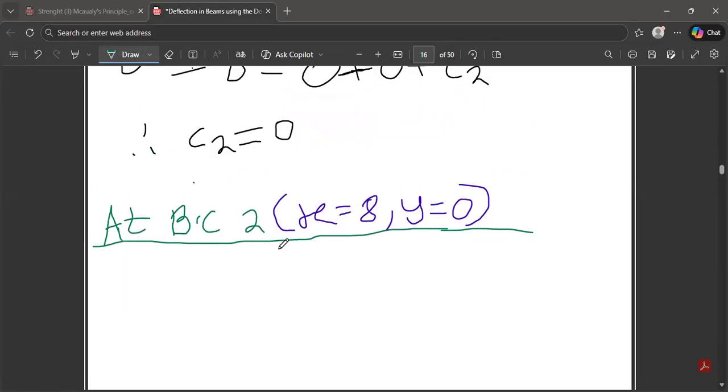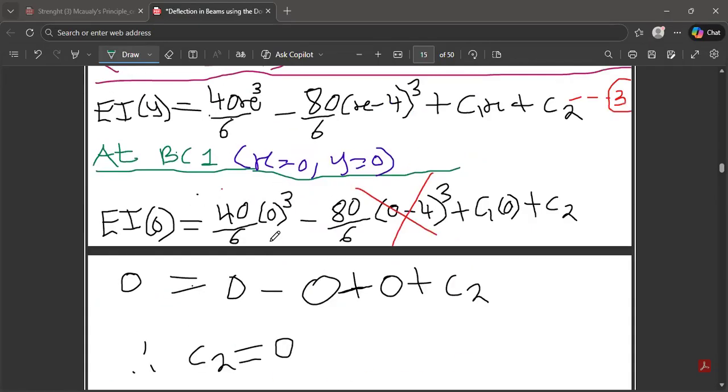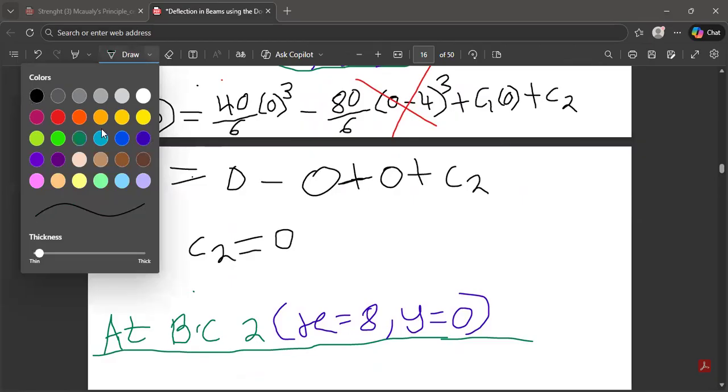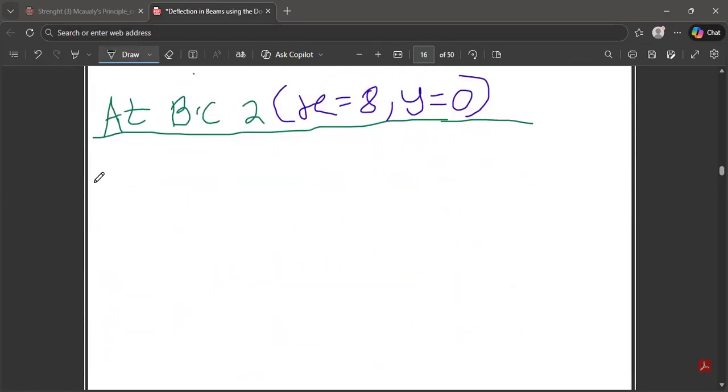So in this one, we are going to be putting all of this into equation 3. As simple as that. First of all, you have to repeat your equation 3 so that you don't lose the mark.